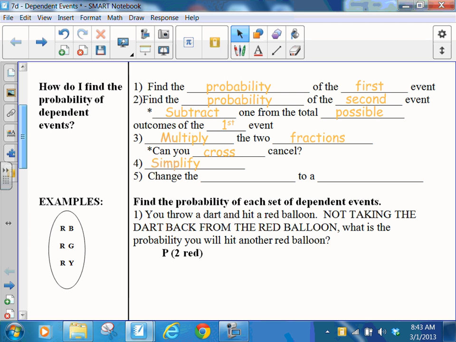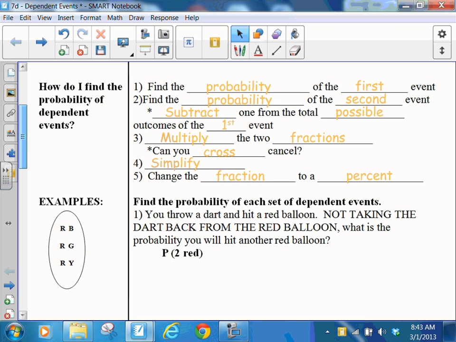And finally, you need to change the fraction to a percent. If you need more time, pause, as I'm going to go ahead and move on to example 1.